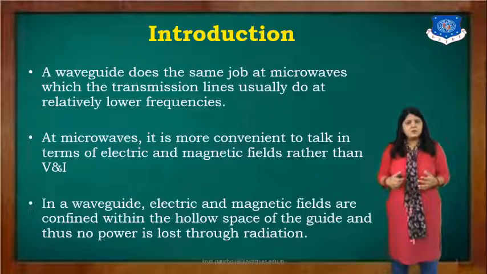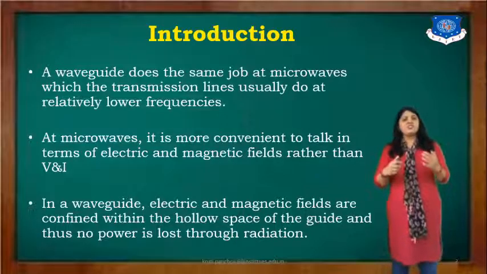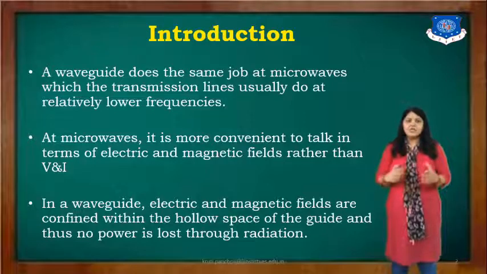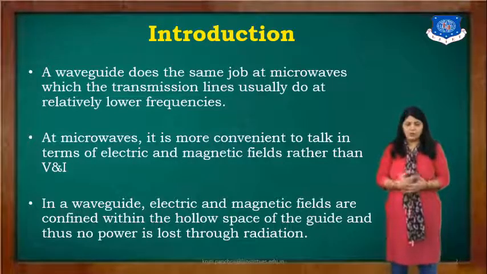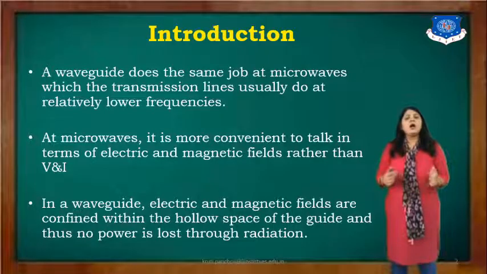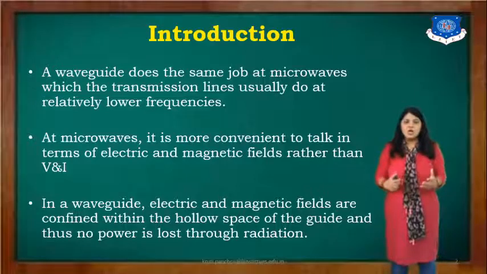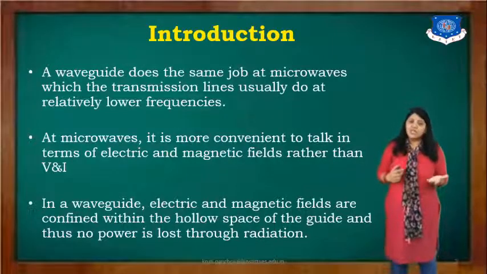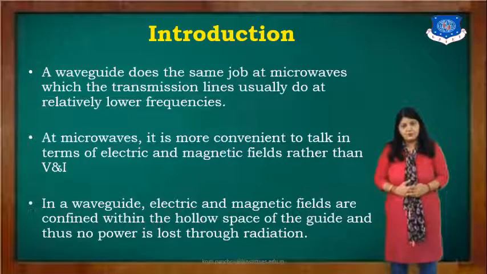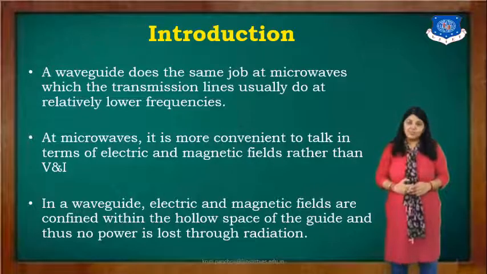Transmission lines usually work at relatively low frequency. For microwaves, it is more convenient to talk in terms of the electric and magnetic field rather than the voltage and the current.